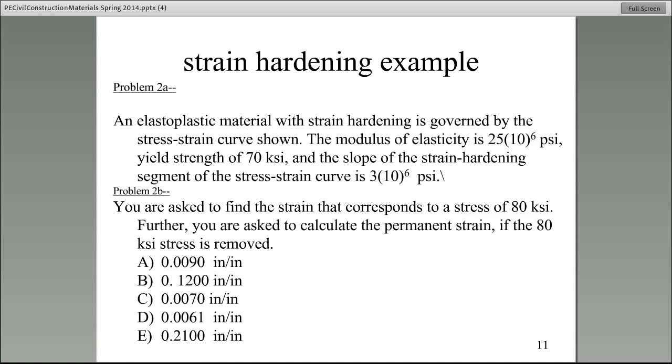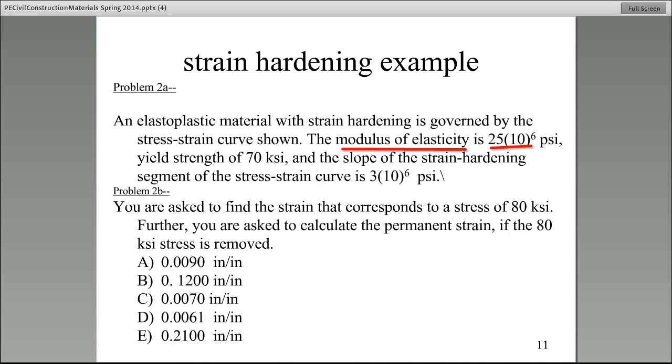An elastoplastic material with strain hardening is governed by the curve shown on the next page. Now, follow along with me. They say the modulus of elasticity is 25 million psi.